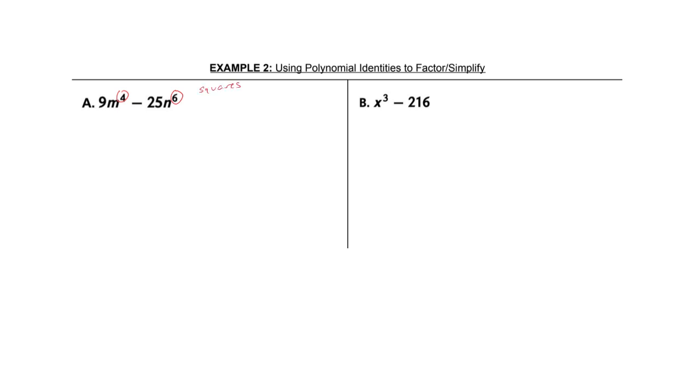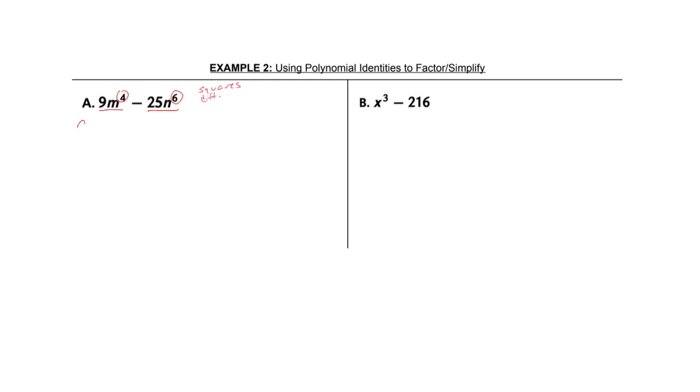Okay, so what we want to do, since we know it's going to be squares, we want to take out the squares. Okay, so we want to find out what squared gave us 9m to the 4th and what squared gave us 25n to the 6th.